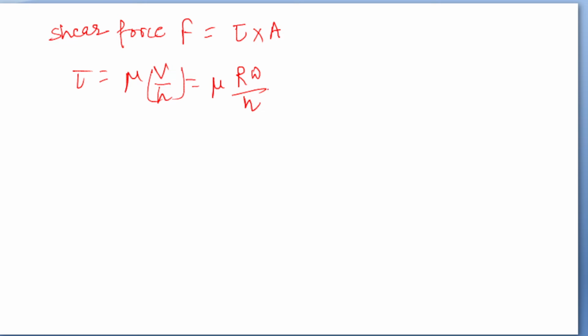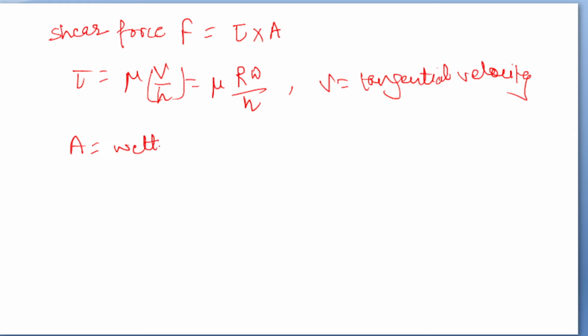So v is the tangential velocity, and A is the area of the wetted surface of the inner cylinder.